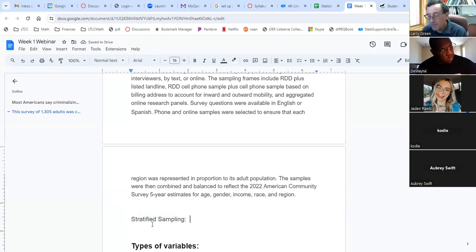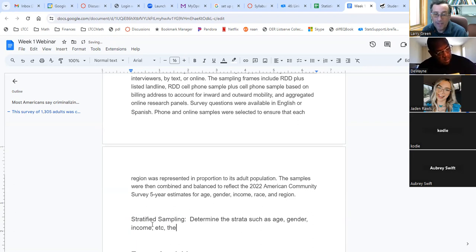Stratified sampling means that you determine the strata, such as age, gender, income, etc. Then research the percent of each group from the population.